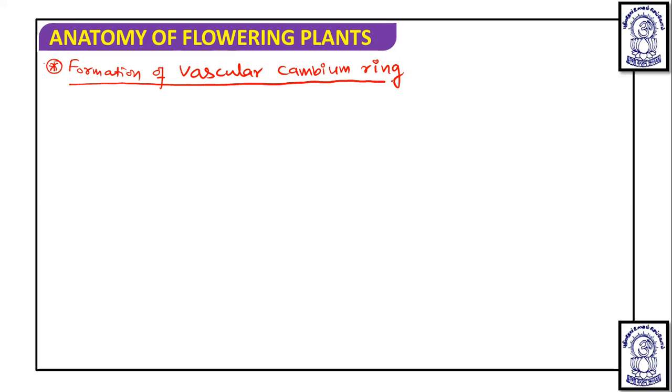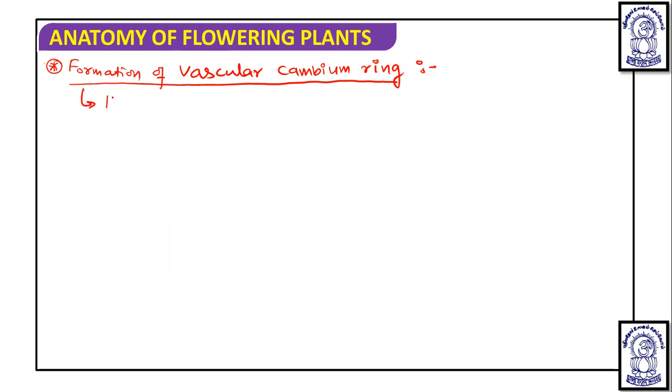So in dicot root, first we are going to talk about the formation of vascular cambium ring.